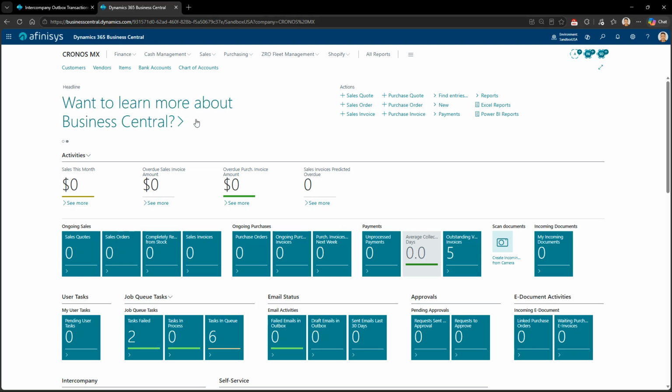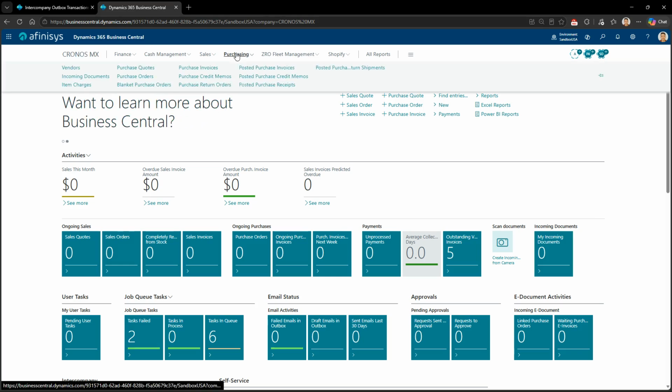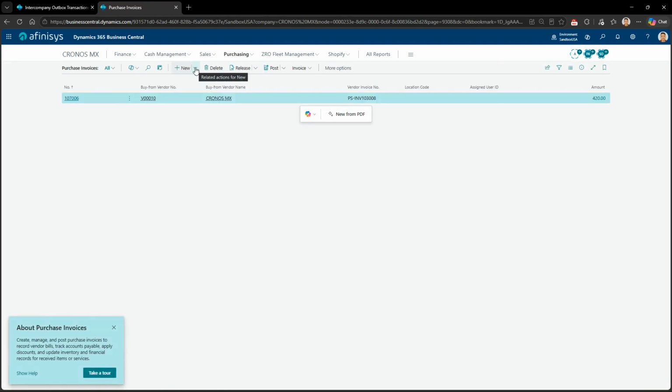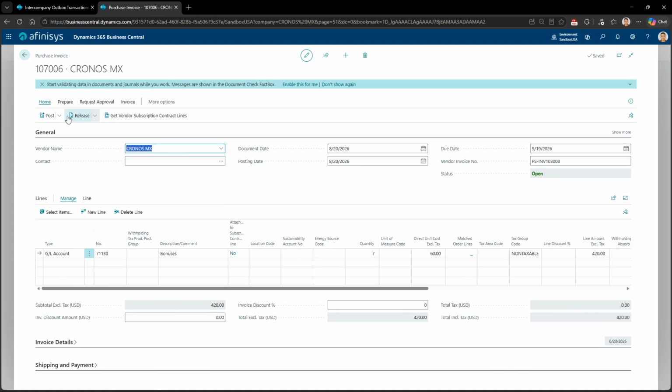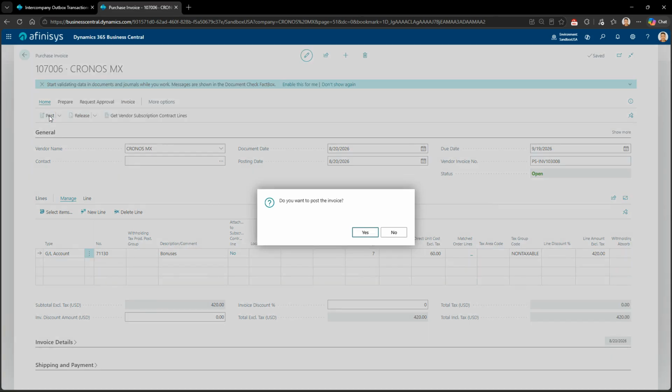The transaction is then automatically received by Kronos MX, where Business Central creates the corresponding purchase invoice based on the intercompany partner setup and account mappings. This ensures that both companies record the transaction consistently without requiring duplicate data entry, helping improve accuracy, maintain synchronized financial records, and streamline internal business processes across multiple companies.